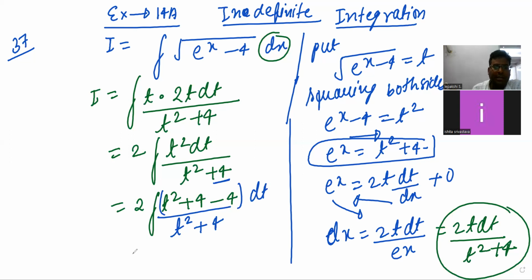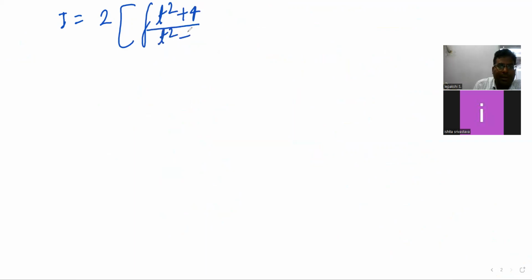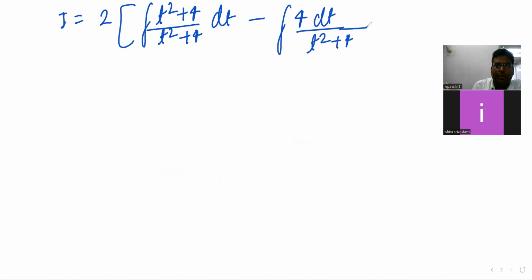Right, now divide separately in the next step. So it will be I equal to 2 integration t square plus 4 divided by t square plus 4 into dt minus integration 4 dt upon t square plus 4, right?